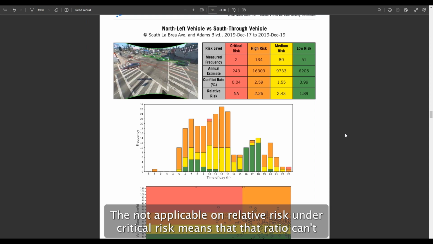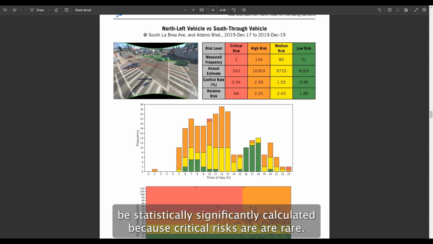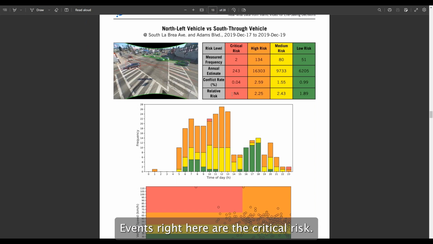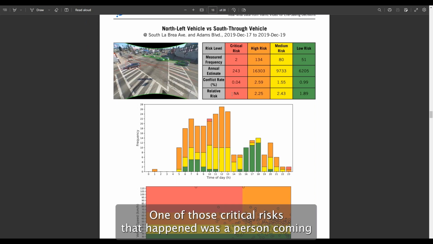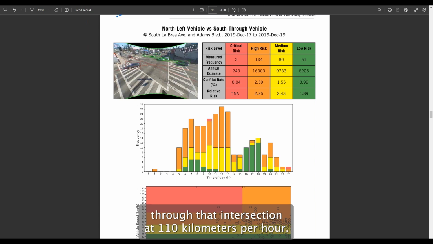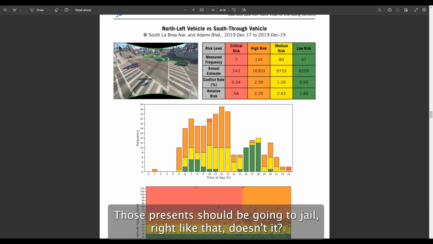The not applicable on relative risk under critical risk means that ratio can't be statistically significantly calculated because critical risks are rare events. Here, one of those critical risks that happened was a person coming through that intersection at 110 kilometers per hour. So this person should be going to jail, right?